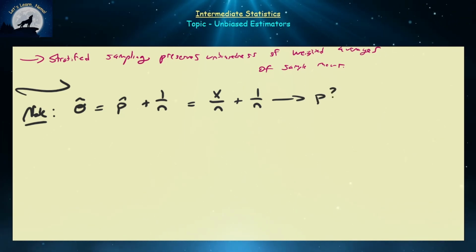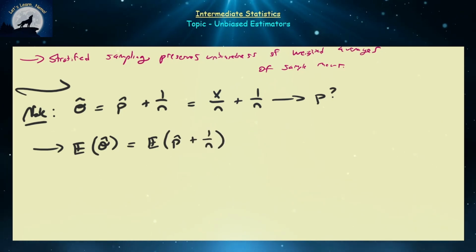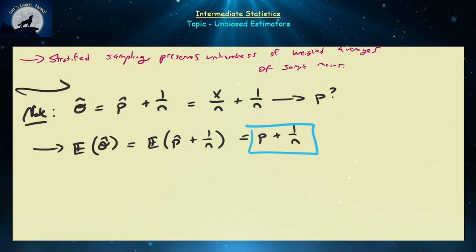The answer is obviously no, because if we take the expectation of theta hat, we're left with the expectation of p hat plus 1 over n. The expectation of p hat is p, and the expectation of a number is just itself, so we have p plus 1 over n. But one thing that's very interesting is that in statistics we usually want our sample size to be arbitrarily large.